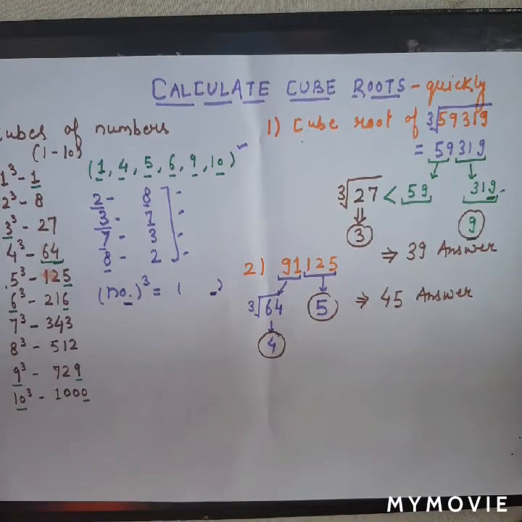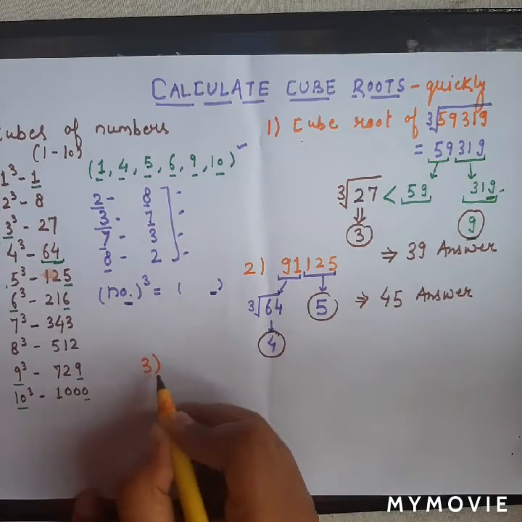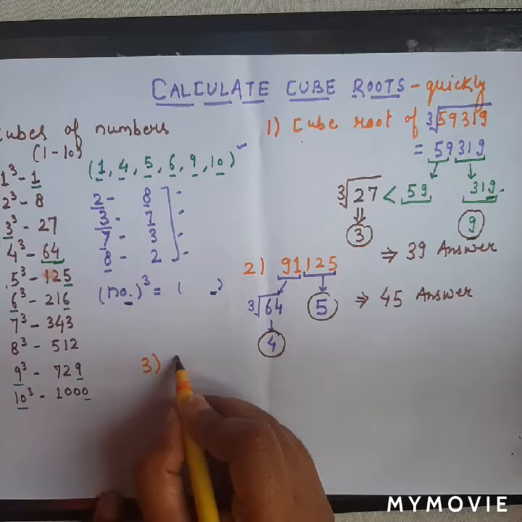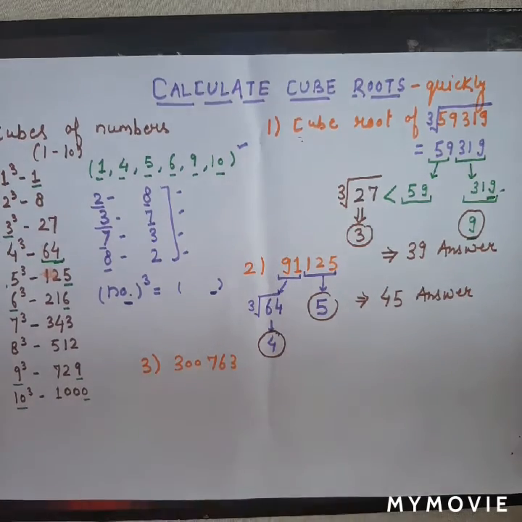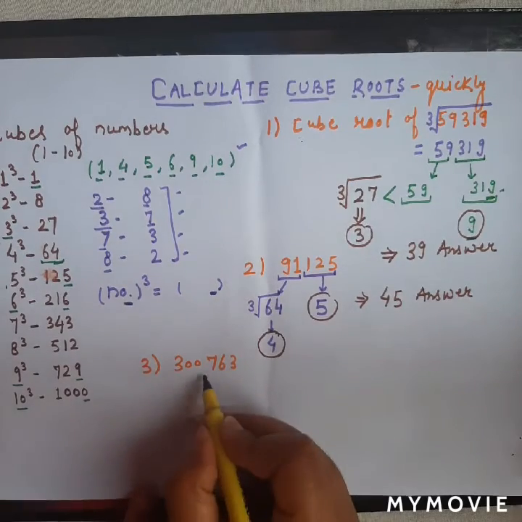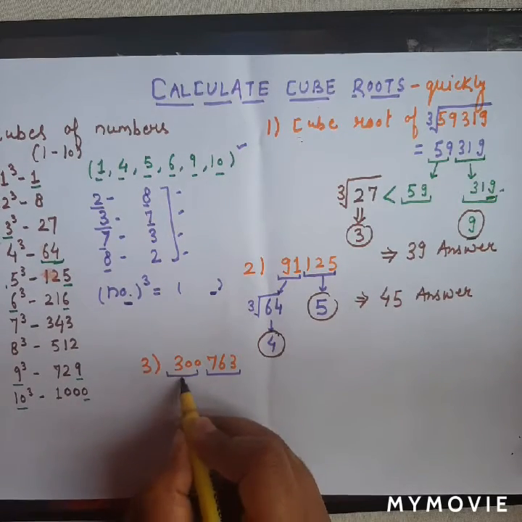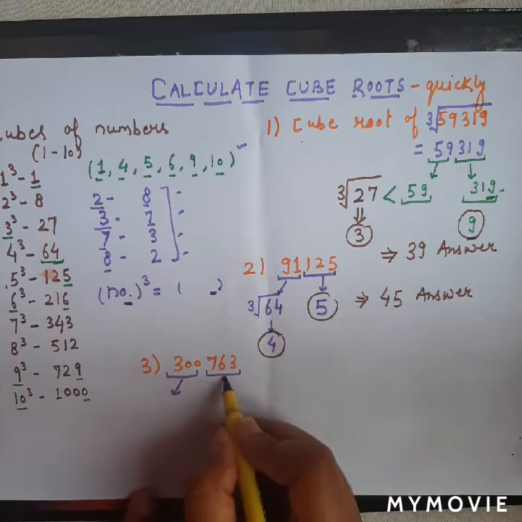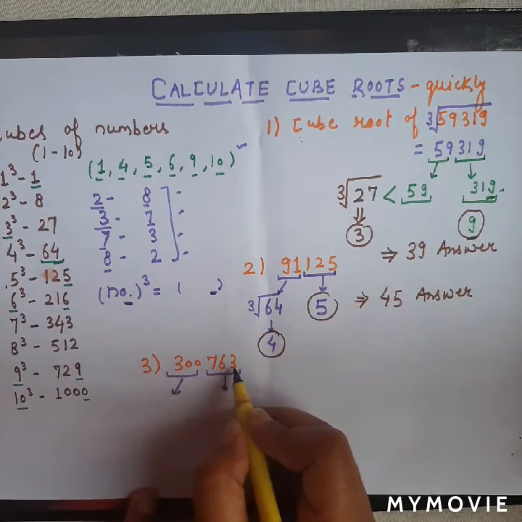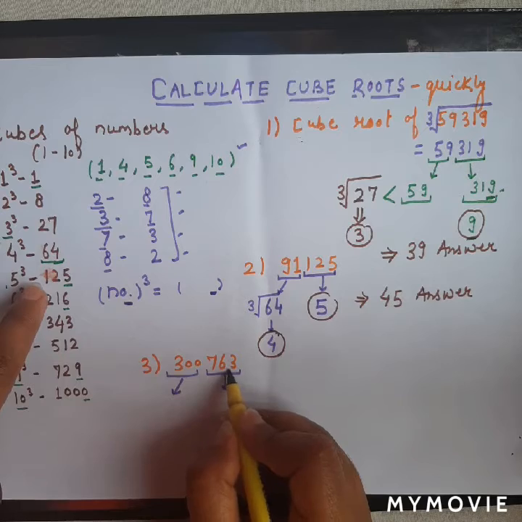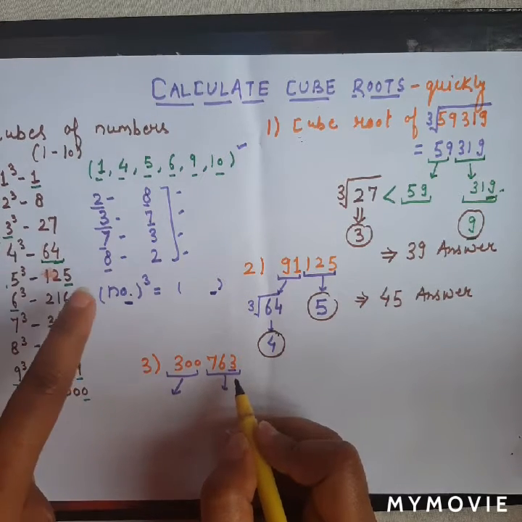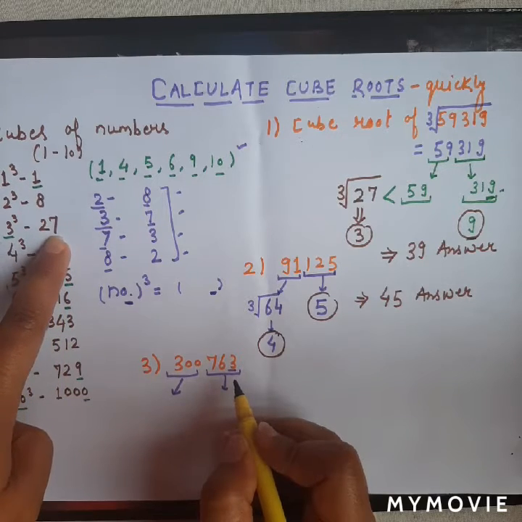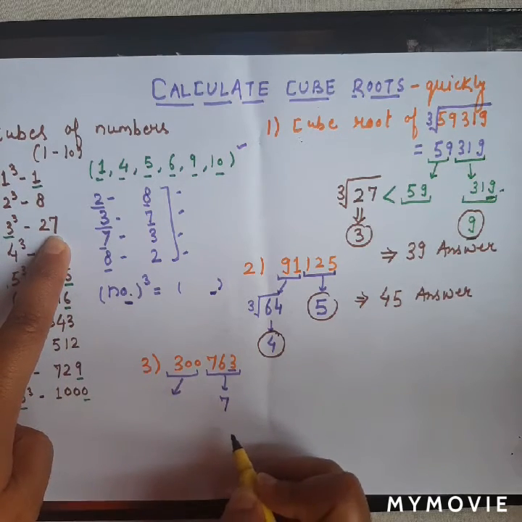Again I will take another example, and my next example is 343763. So the first step, as you all know, is that we have to separate the number in this form. First of all, this portion 763, 3 is its unit digit, so the cube root will have unit digit 7, so we will write 7 over there. Fine.